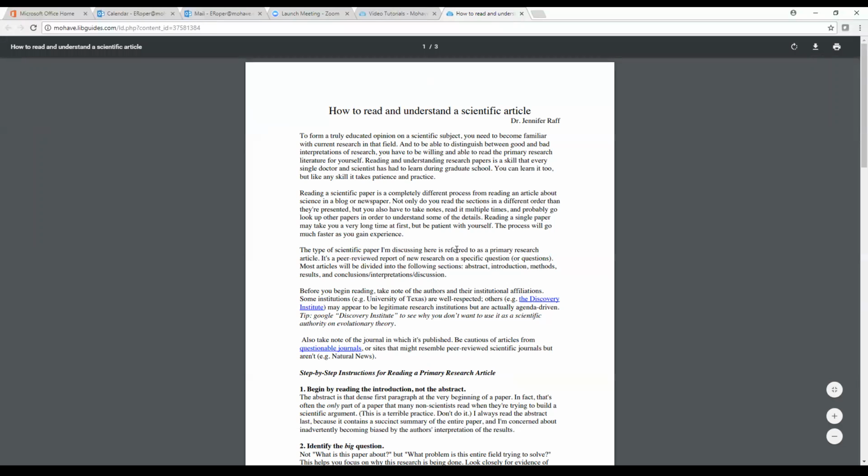This presentation was heavily based on this person's article, and this is a great overview, just a really nice summary of everything we kind of went over. So I definitely recommend going to the website and saving this article for later reference and keeping it with you when you go through reading one of these articles.